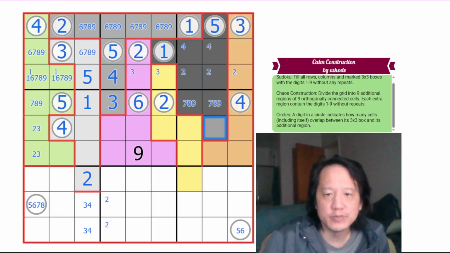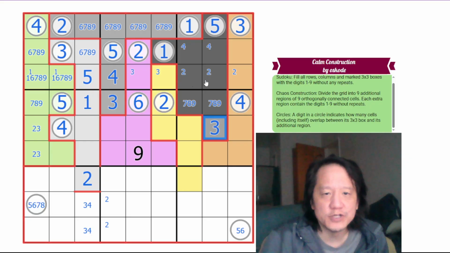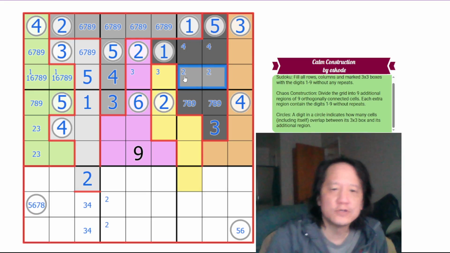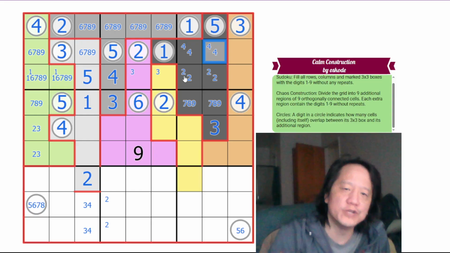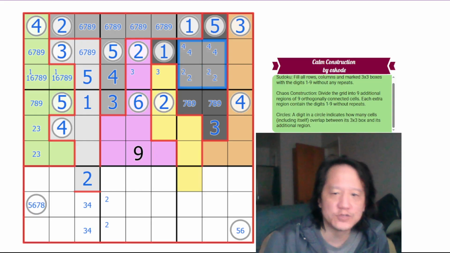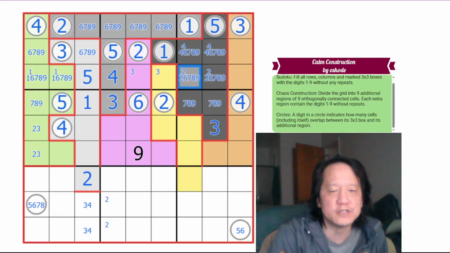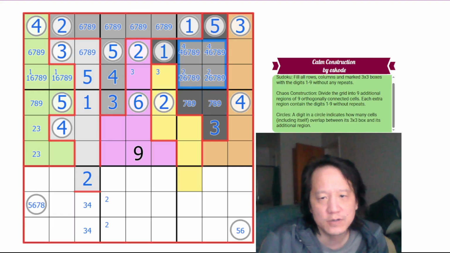So 3 has to be here. Which means we need access to a 2 in the dark region, so 2 has to be here. This can't be 2. We need 2, 4. So 2, 4. We need 6, 7, 8, 9 as the remaining digits in the dark region. And the 6 has to be one of these 4.